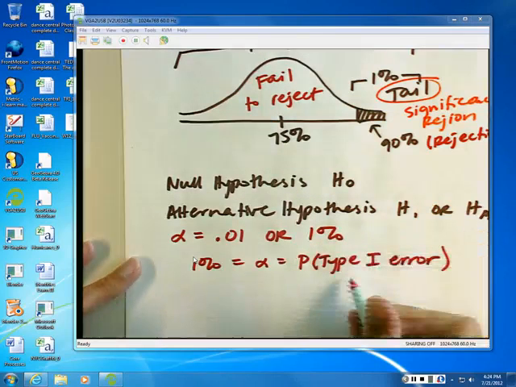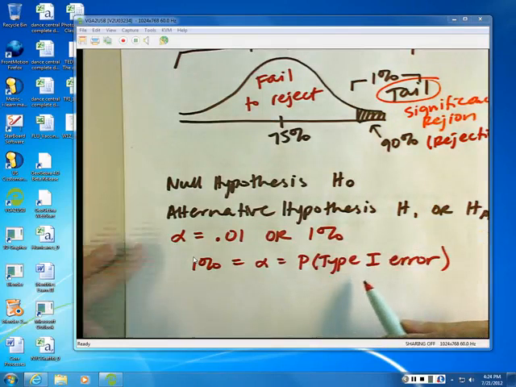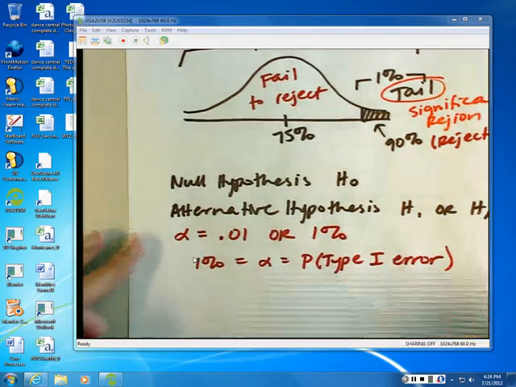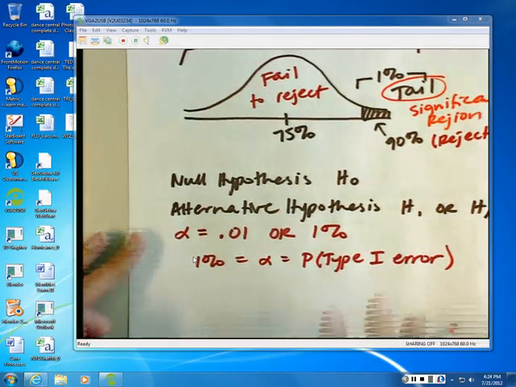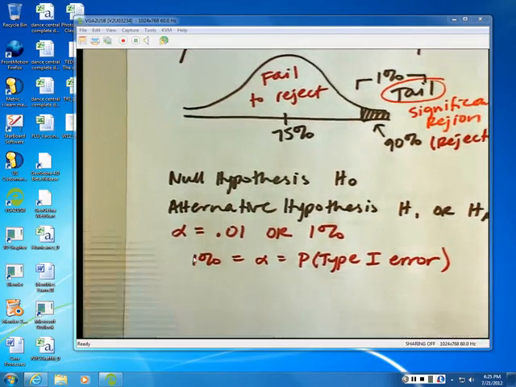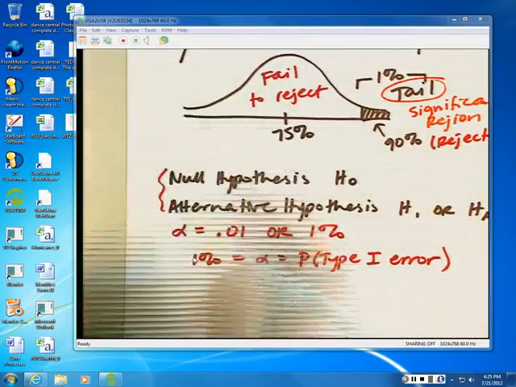In this case, I claimed it significantly higher, even though it really isn't. I didn't have a good sample, or whatever the case might be. So that's the probability of committing a type 1 error. There are some other things floating around here, but I'm not going to bore you with those right now. What I want to do is to get into these hypotheses, setting up those two hypotheses.